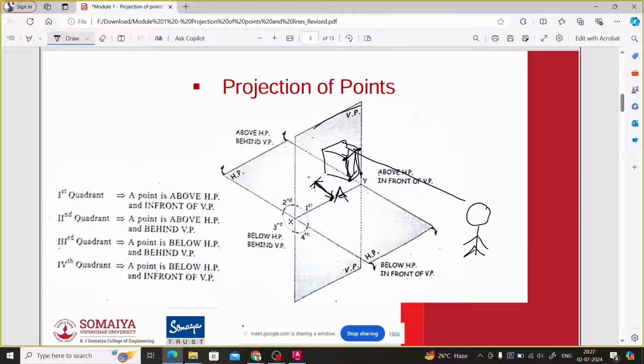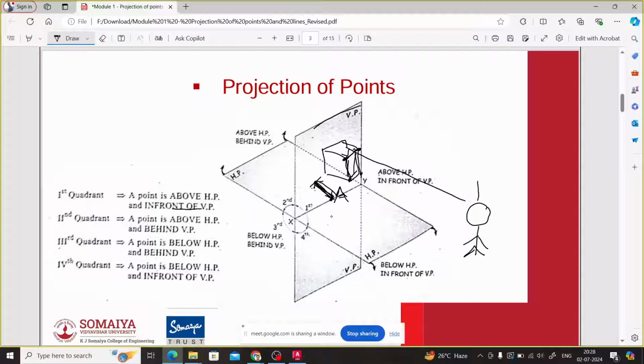A point is located in front, so this distance is the distance of the point with reference to the vertical plane. It is called the in-front distance. To find this in-front distance, the observer has to look from above. The observer is here itself, but he will be looking at this distance from the top. Are you getting this? Yes, sir. To locate this, we have to look from the top.